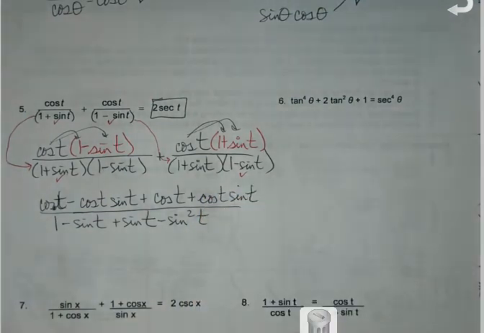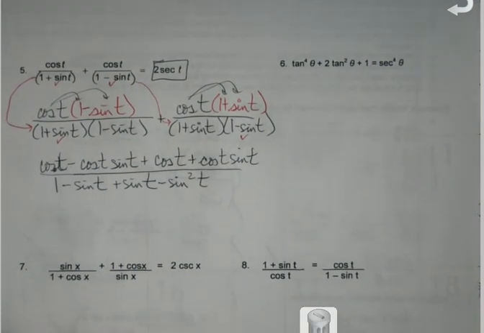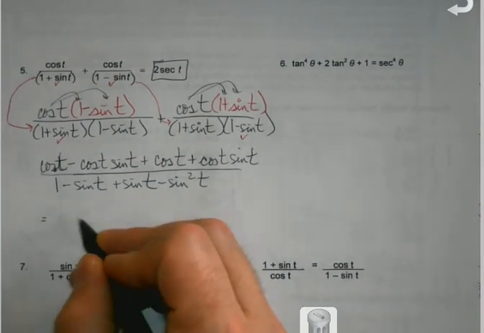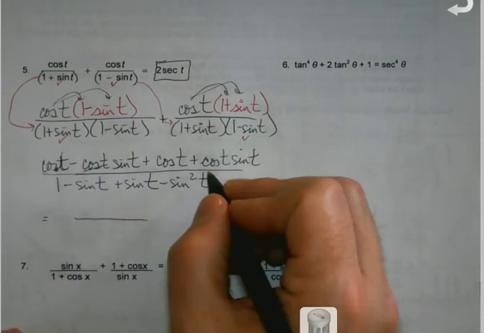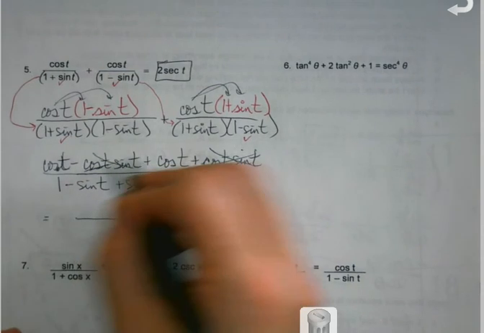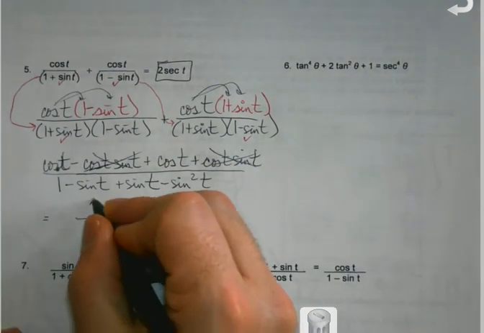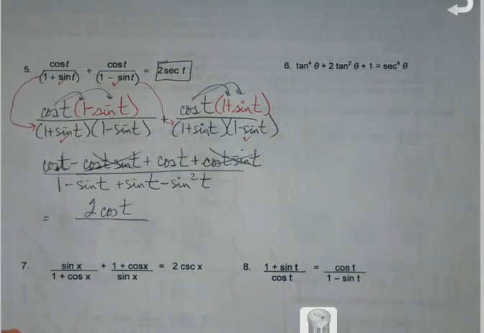Okay, all these t's and cosines and sines. I've got to take a minute here and look at all this stuff. All right, let's see. Plus and minus cosine t, sine t. Okay, so those guys cancel. So I have 2 cosine t, because I'm adding them and not multiplying them, so it's not cosine squared.